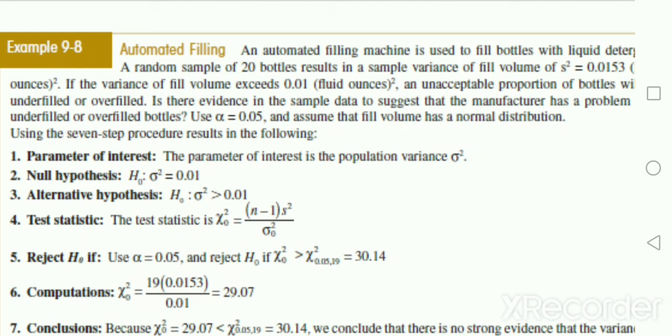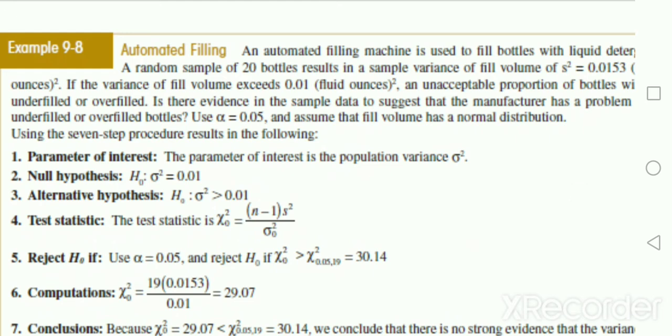The sample data has a variance of fill volume that may exceed 0.01. So we have to test the statement: does the variance of fill volume exceed 0.01 or not? That is our parameter of interest, the population variance sigma squared.